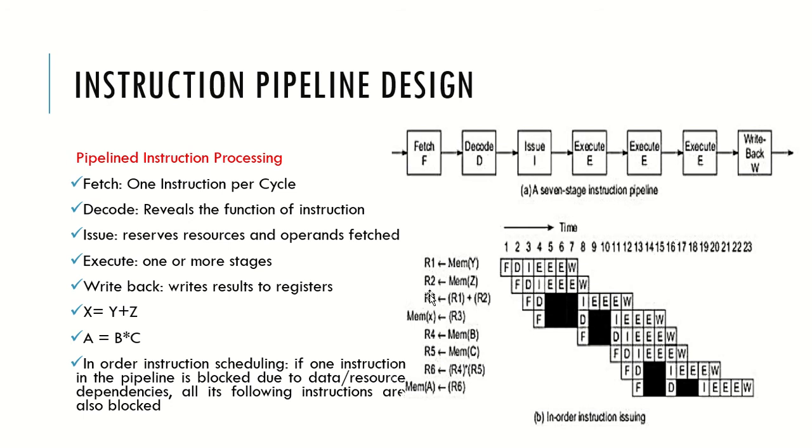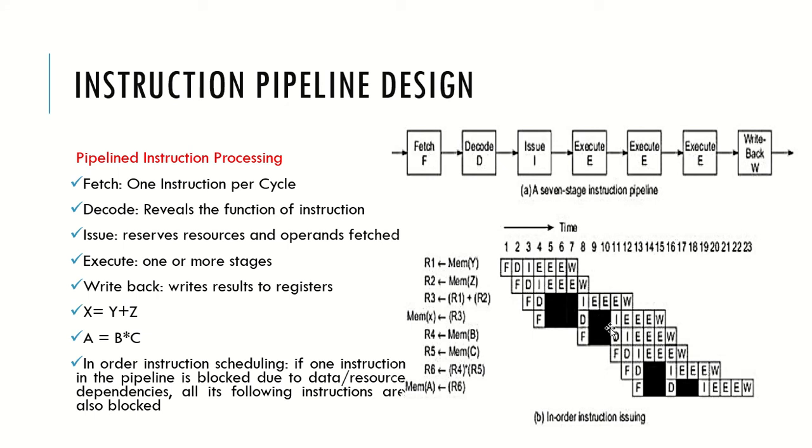So this final result will be available with R3 only after the successful completion of execution, which means only after the 12th clock cycle. So what you have to do, if you have to send R3, the content of R3 back to X, you will have to wait till that 12th clock cycle to start with the execution. So in the 12th clock cycle, you will start with the execution.